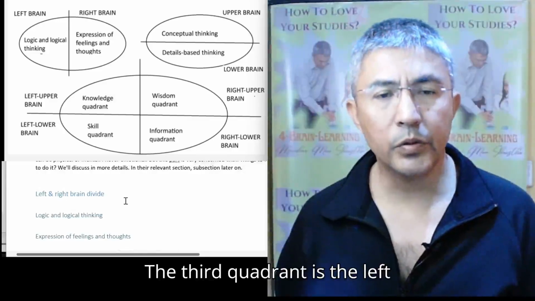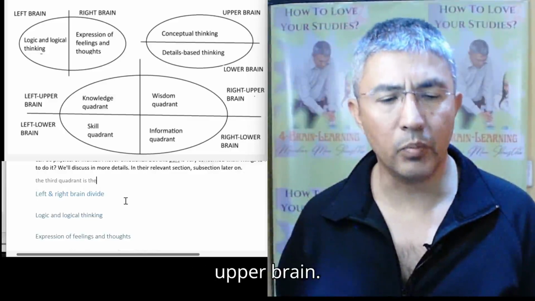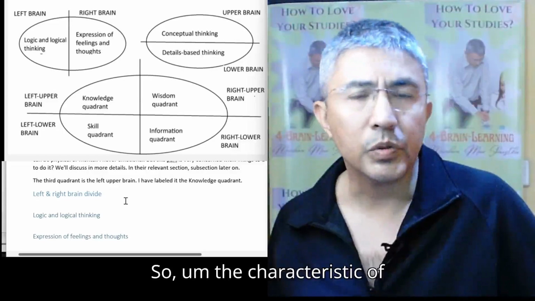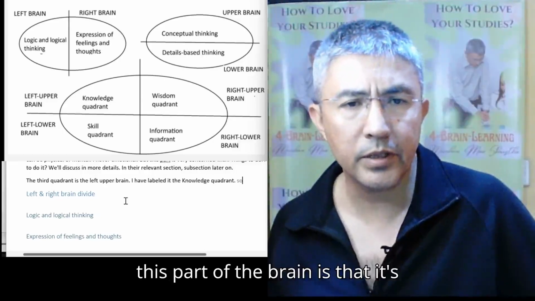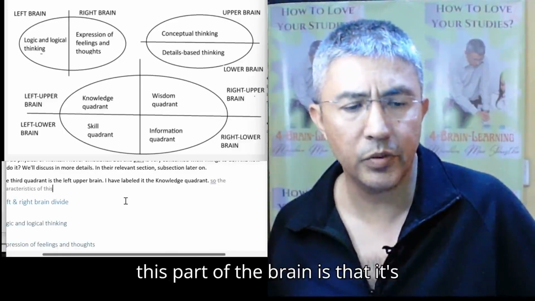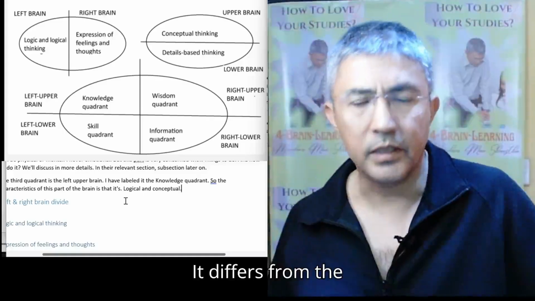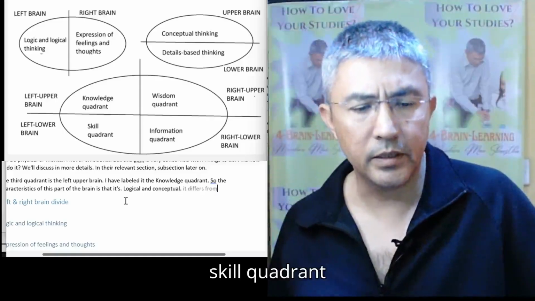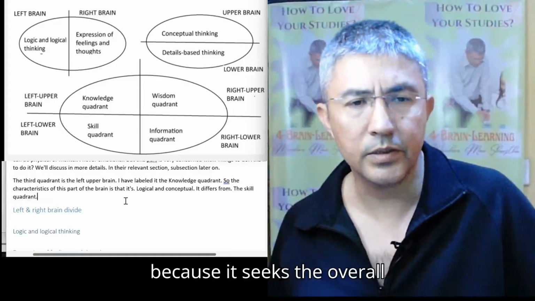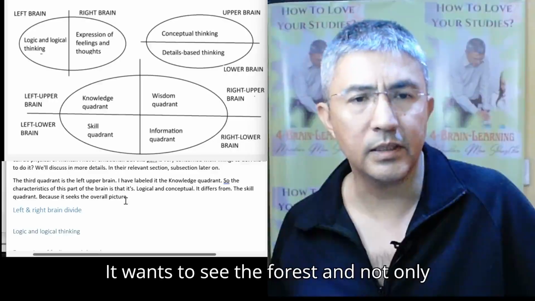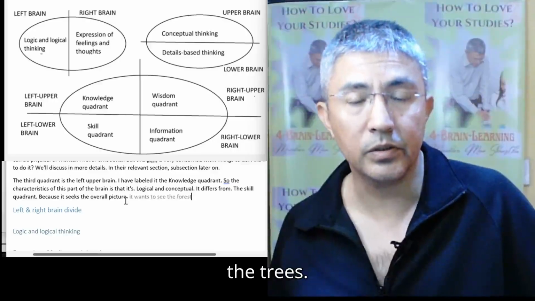The third quadrant is the left upper brain. I have labeled it the knowledge quadrant. The characteristics of this part of the brain are that it's logical and conceptual. It differs from the skill quadrant because it seeks the overall picture. It wants to see the forest and not only the trees.